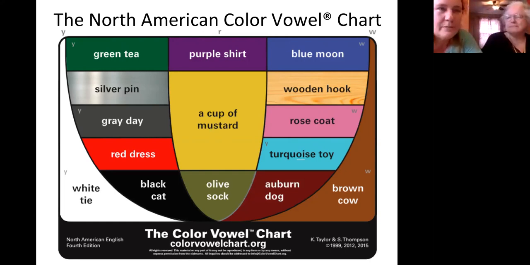But the irony is, of course, that I don't have Auburn Dog in my dialect, but that by having created the first chart that doesn't have Auburn, that rather had this handy R control vowel orange door, and then moving into when we started publishing this, because there was so much interesting demand for it, with help of Robin and several of our American University TESOL students, we realized that Auburn Dog had a place on the chart, even though I don't have it.